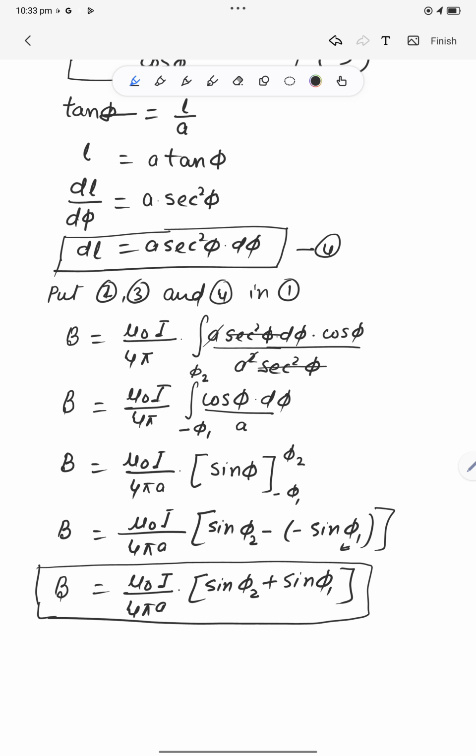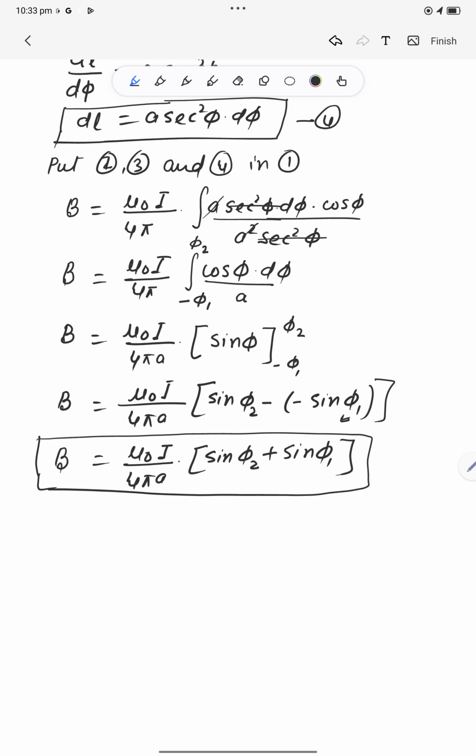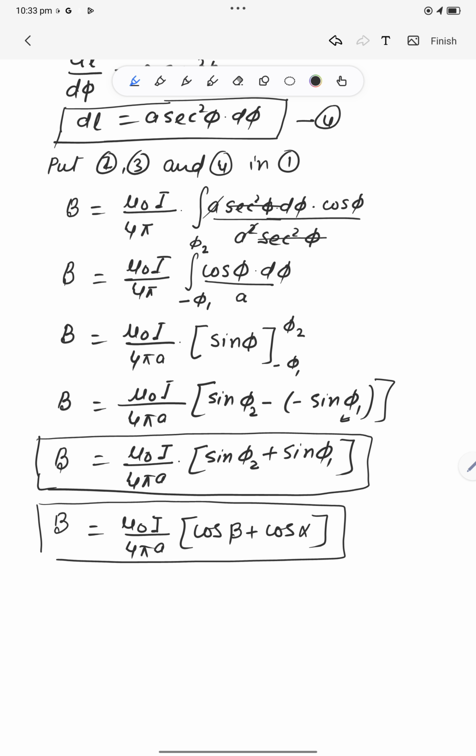So we can write this equation such that B is equal to mu naught I by 4 pi a, and this will be cos beta plus cos alpha. This is our final equation.